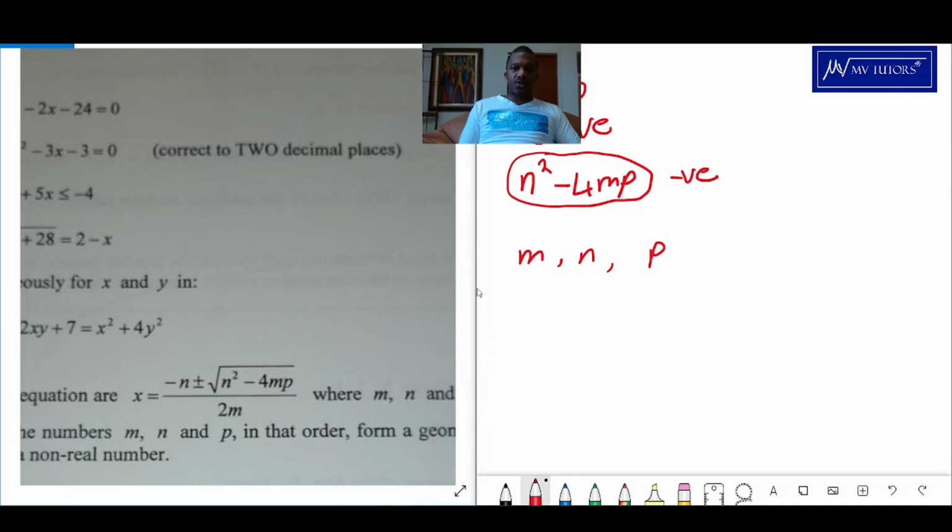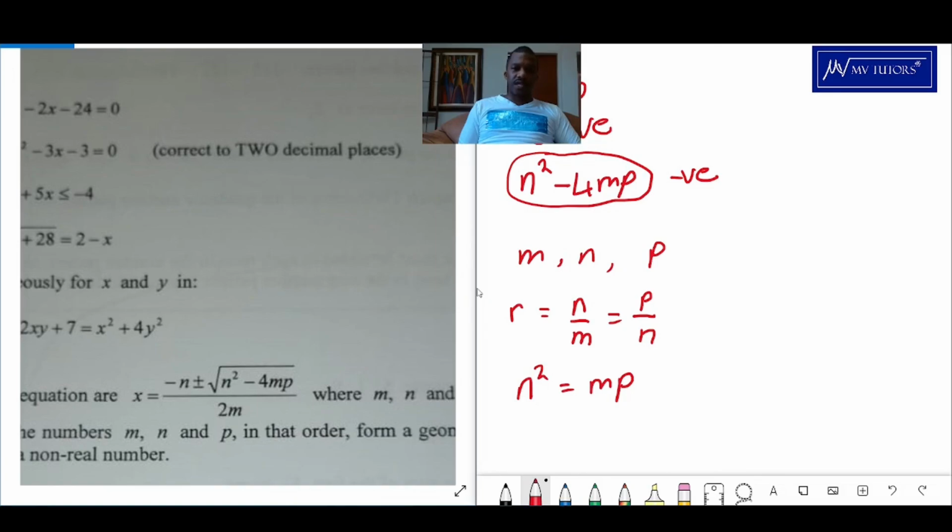Remember, the ratio for a geometric sequence is such that term 2 divided by term 1 is equal to term 3 divided by term 2, right? I'm just gonna cross multiply, and n times n is n squared, which is equal to m times p.